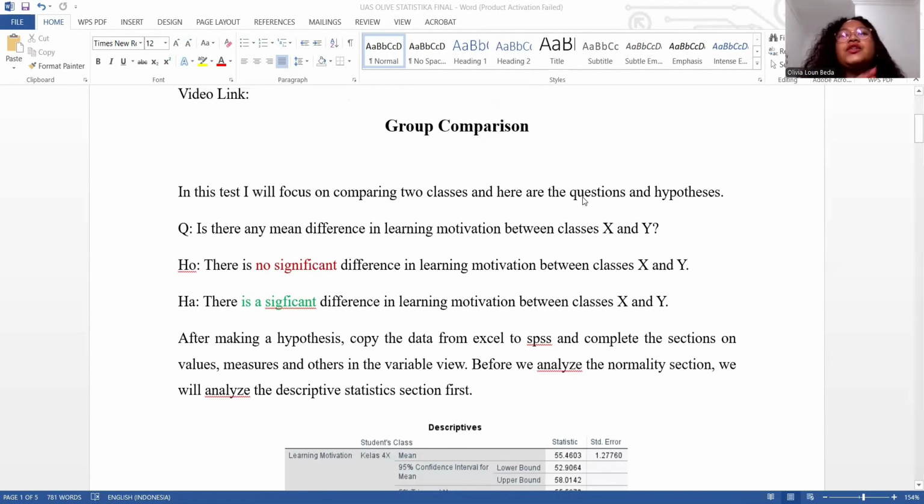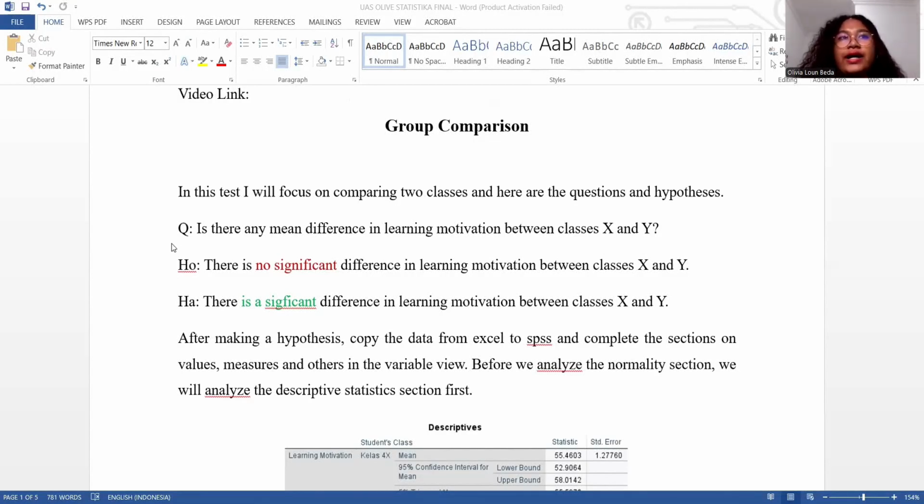First of all, if you want to compare two classes, you have to find your research question. My research question is: is there any mean difference in learning motivation between class X and Y?